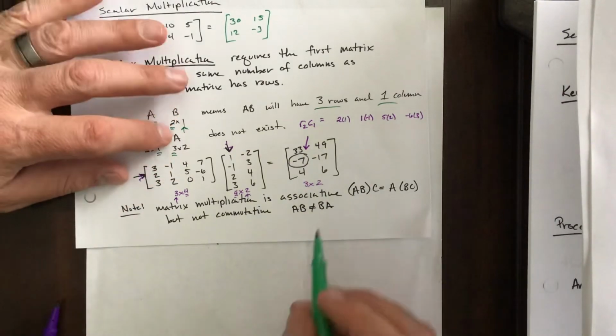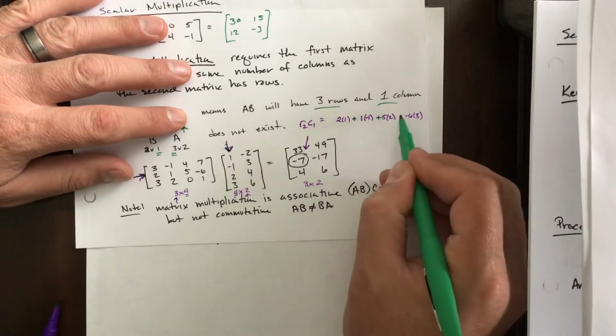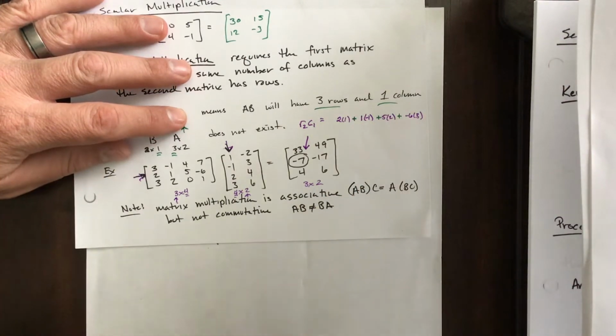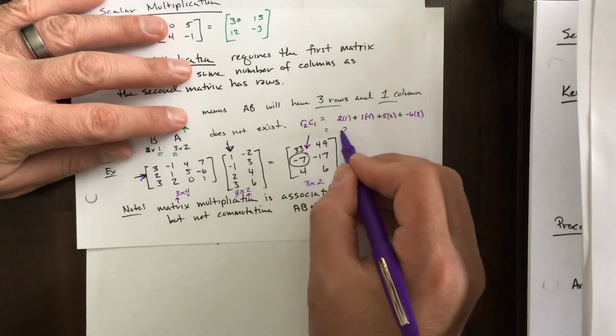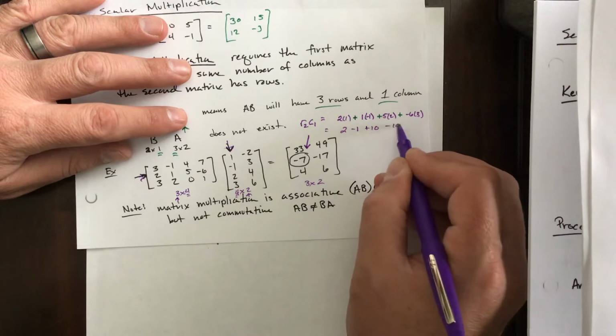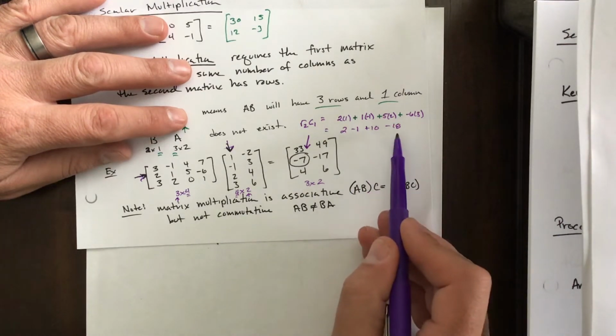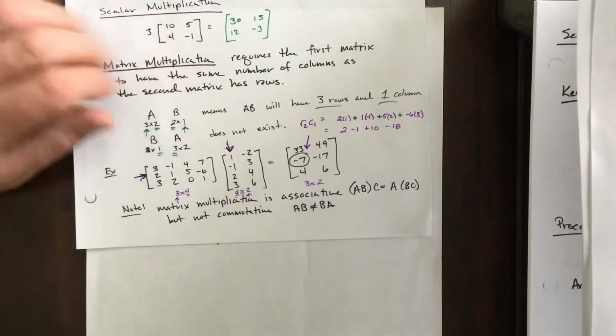At that point, you sum each of those products. So you get 2 minus 1 plus 10 minus 18. So that's 11 minus 18. That's where you get your -7.